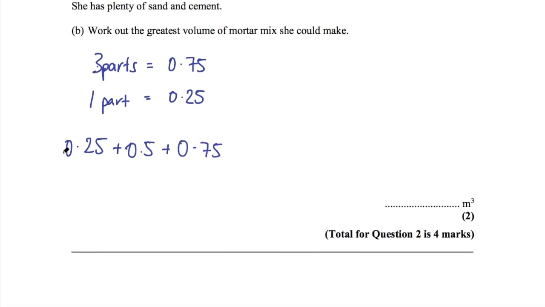And now we just need to add these up. Well, 0.75 plus 0.25, that's 1, plus 0.5, that's 1.5. So in total we can make 1.5 cubic meters of mortar mix.